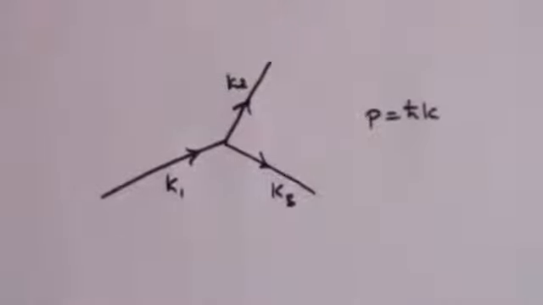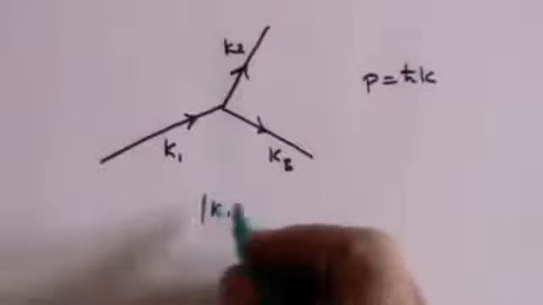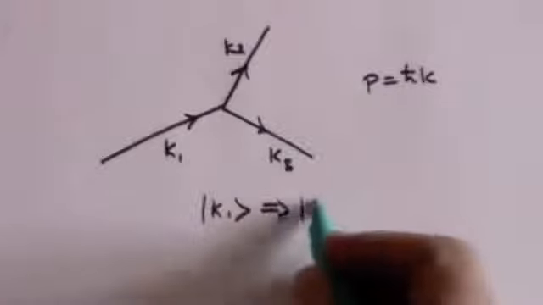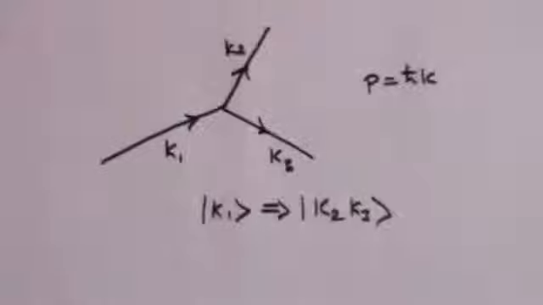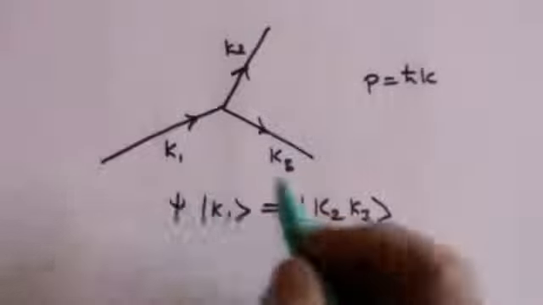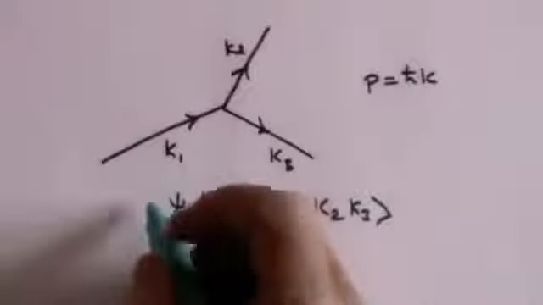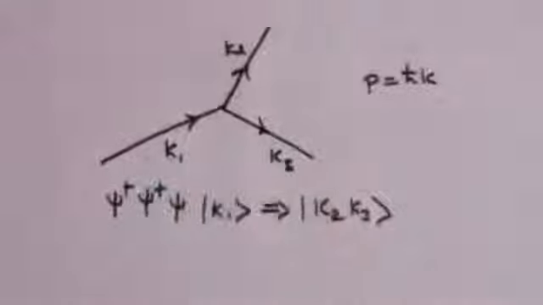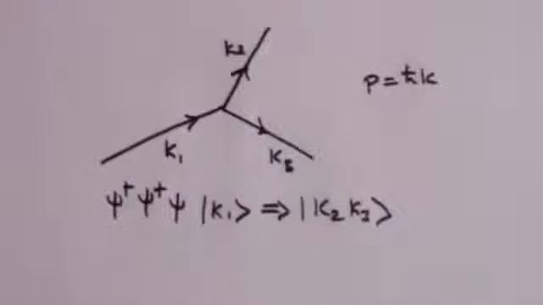So the way we represent that diagram quantum mechanically is, of course, we say that we have a state K1, which will become the state K2 and K3. And how will that happen? Well, you annihilate with the field annihilation operator K1, and then you apply the creation operators. There are two of them because you're going to create two separate particles, K2 and K3.